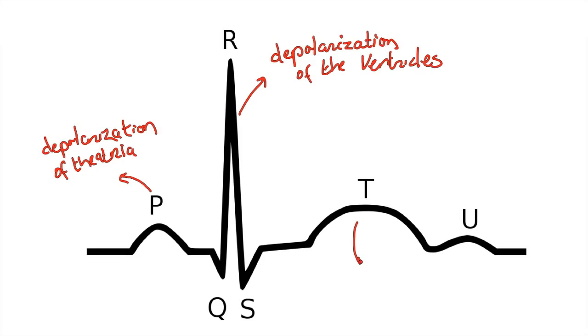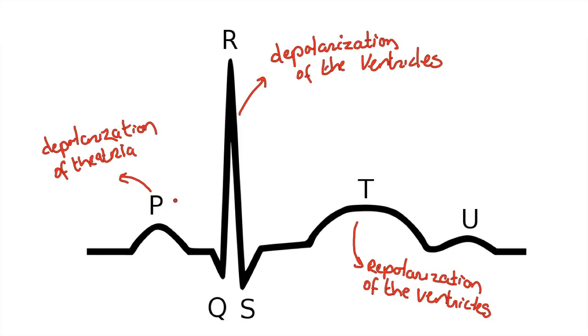Then we have the T wave, which comes after the QRS complex, and this shows the repolarization of the ventricles. Now you're probably wondering why the signals that come from the ventricles are significantly larger than this little signal that comes from the atria.